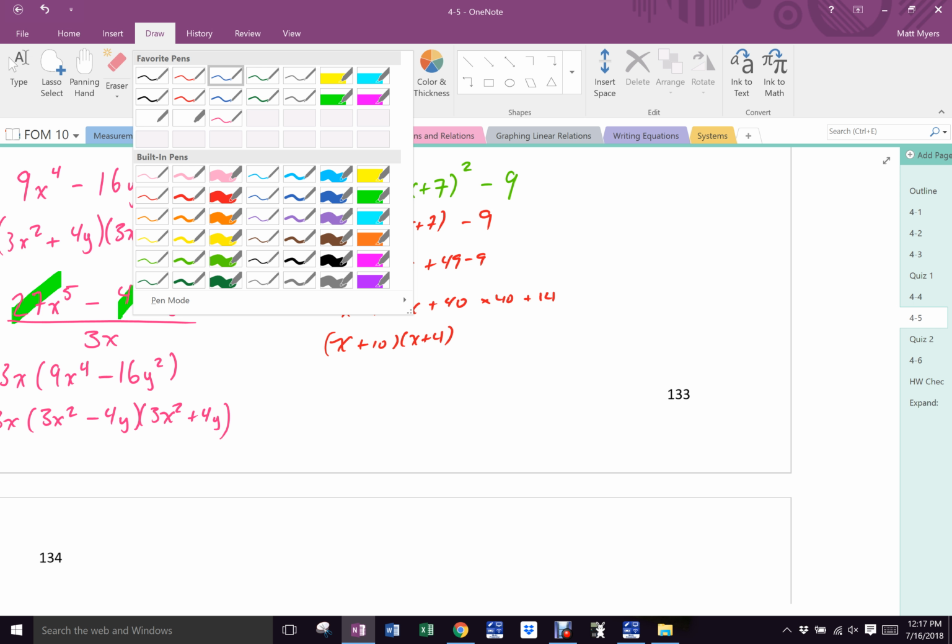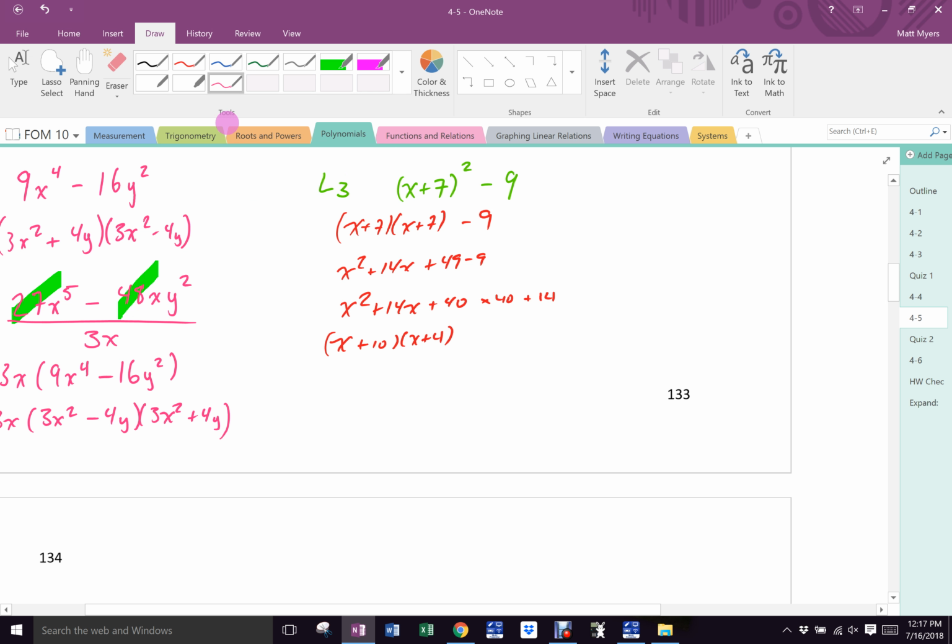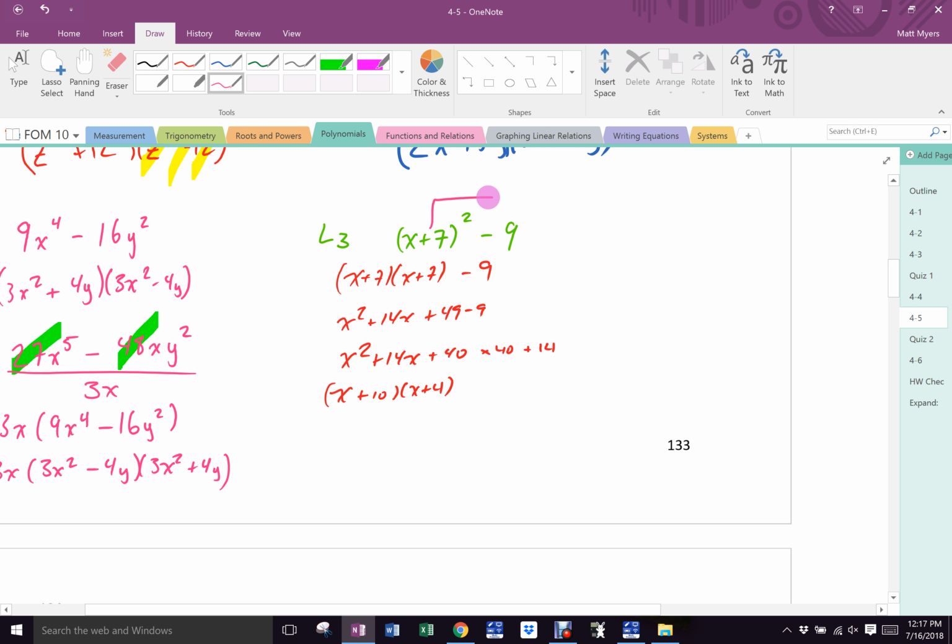The more astute members of the class will remember that I gave them a handy little trick. Make that a. A squared minus 9 is a plus 3, a minus 3. A is x plus 7. 7 plus 3, x plus 10. 7 minus 3, x plus 4.